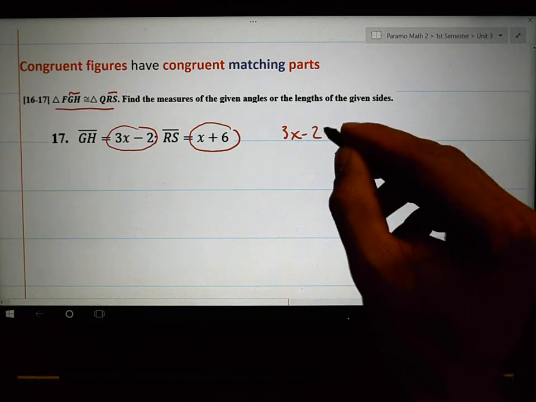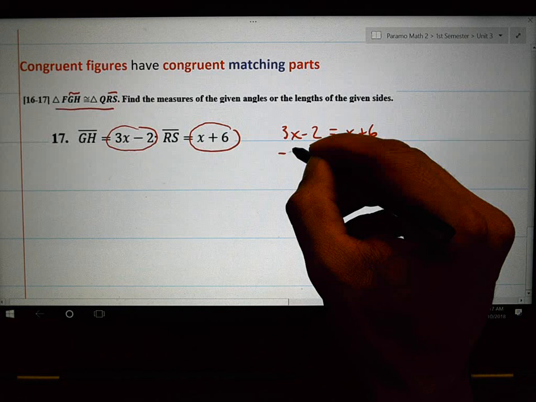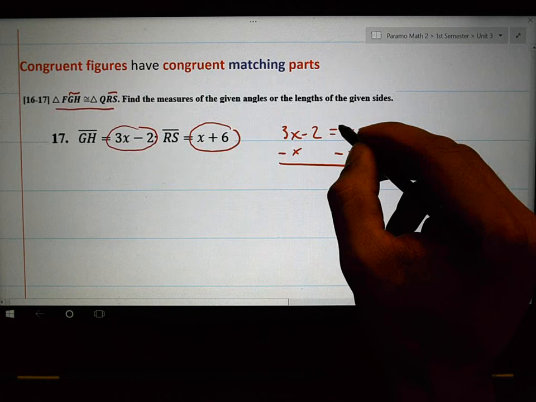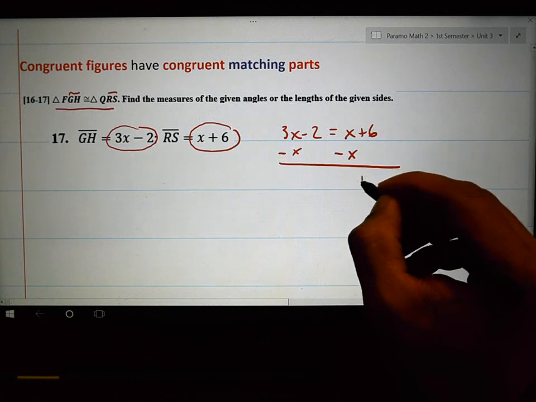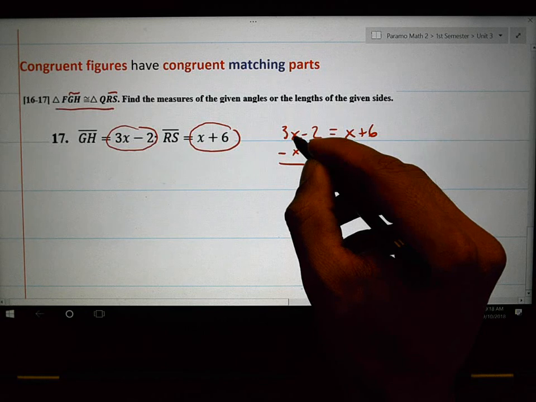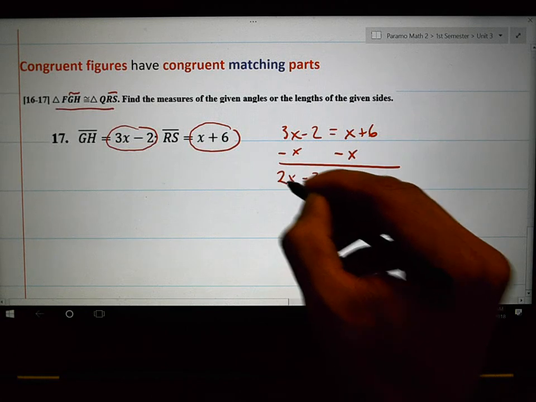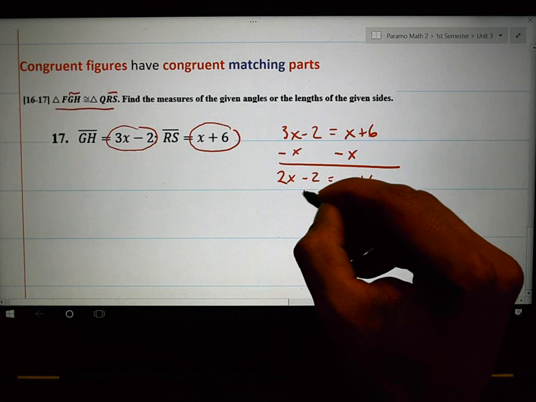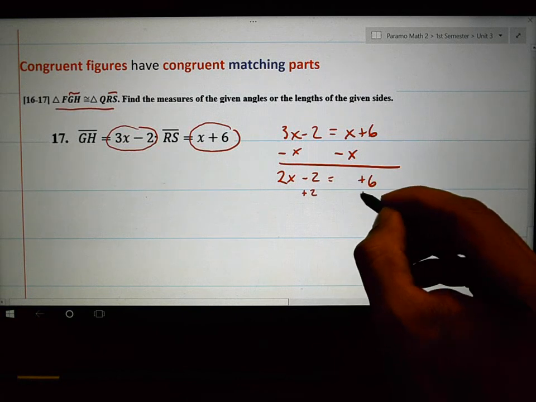Since I'm going to the opposite side, I'm going to subtract an x. Three x minus 1x is 2x. X minus x is 0. I'm going to do the opposite of subtracting 2. I'm going to add 2 to both sides.